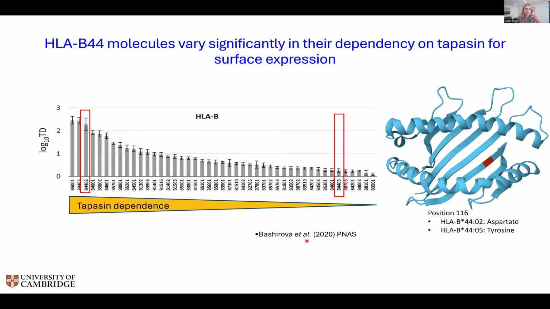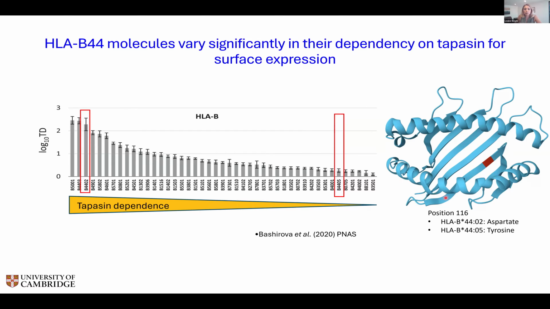The reason for choosing B44 molecules is that they're very interesting because they lie at the opposite ends of the tapasin dependency spectrum. B4402 is very dependent on tapasin for stable surface expression at the plasma membrane. However, B4405 lies at the opposite end of the spectrum and is relatively independent of tapasin for stable surface expression.